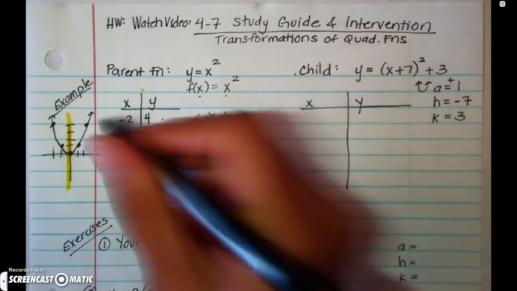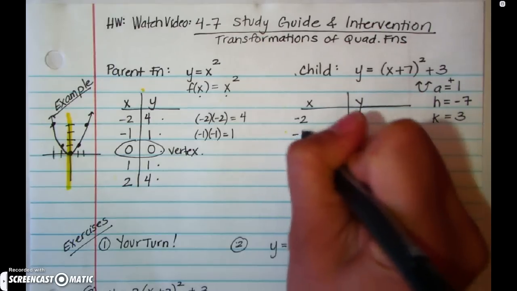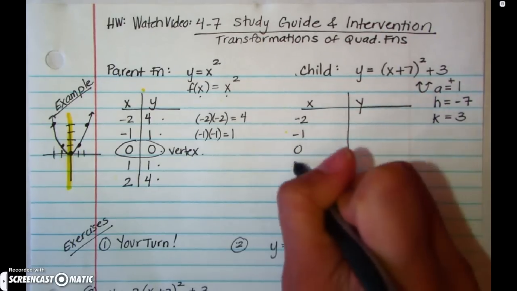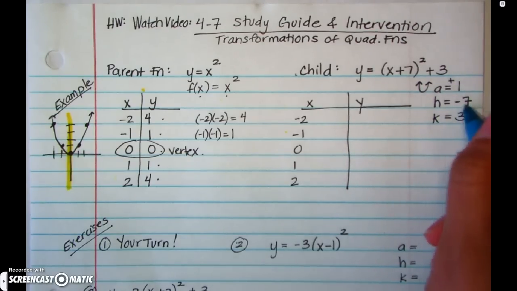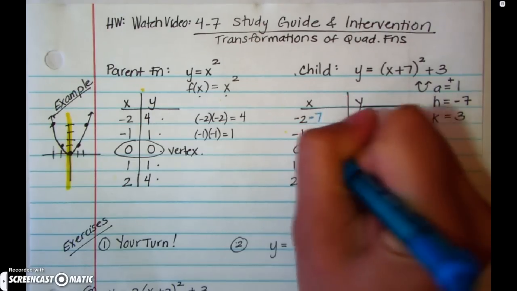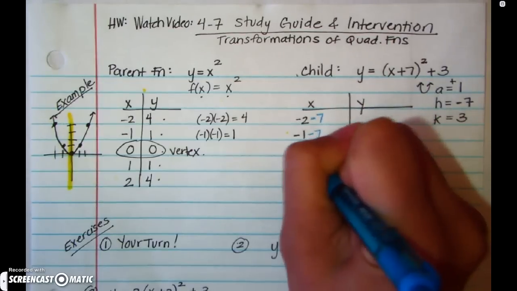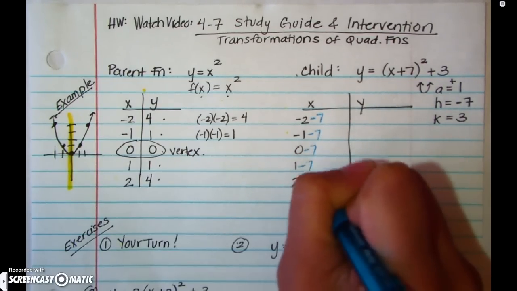So if I take my original parent values, negative 2, negative 1, 0, 1, and 2, I'm going to add a negative 7. So negative 2 minus 7, negative 1 minus 7, 0 minus 7, 1 minus 7, and 2 minus 7.